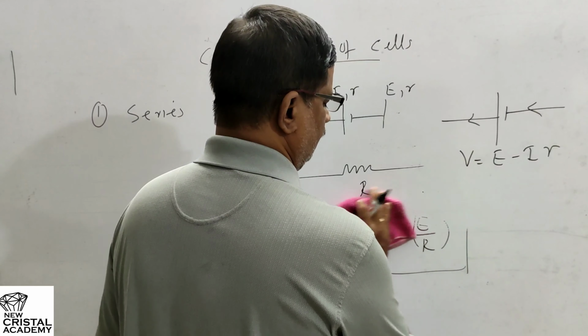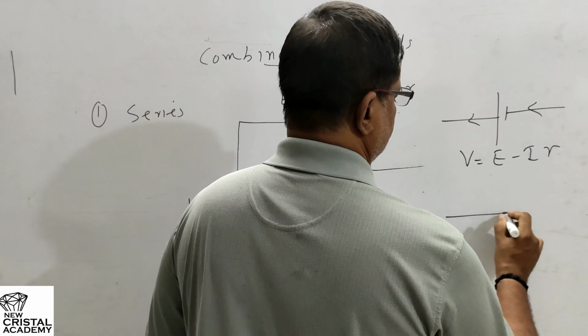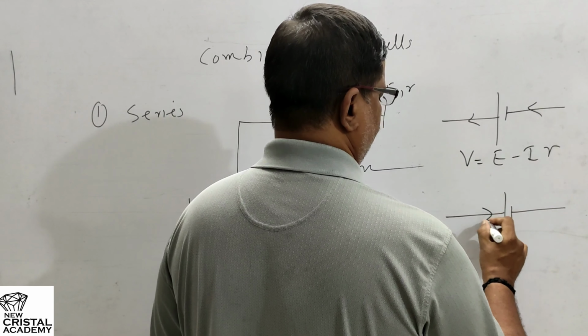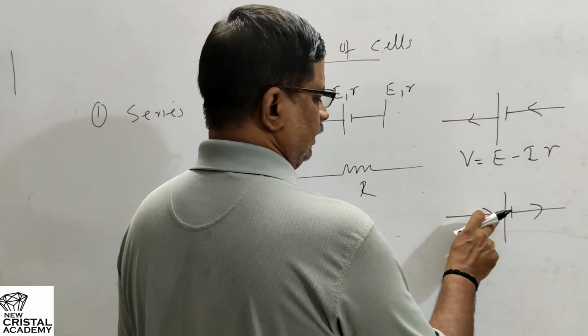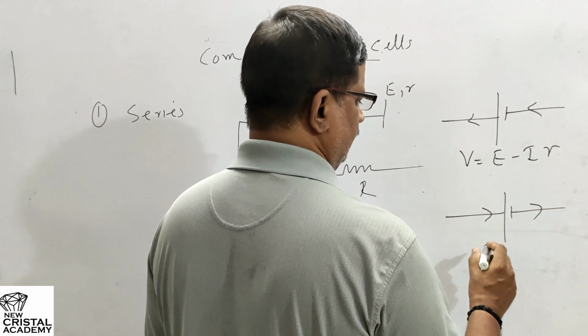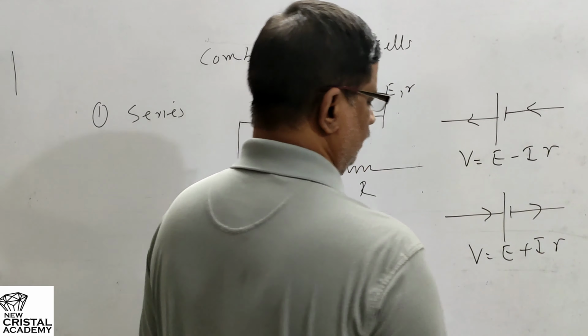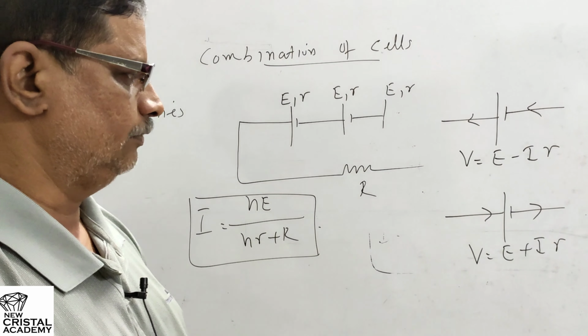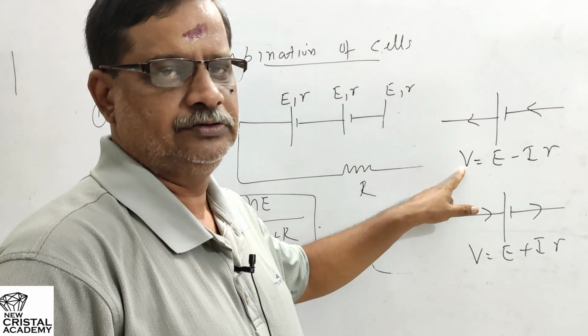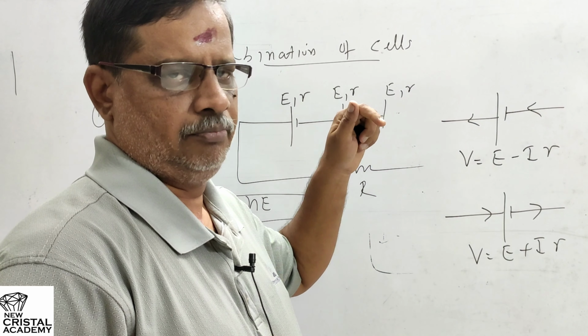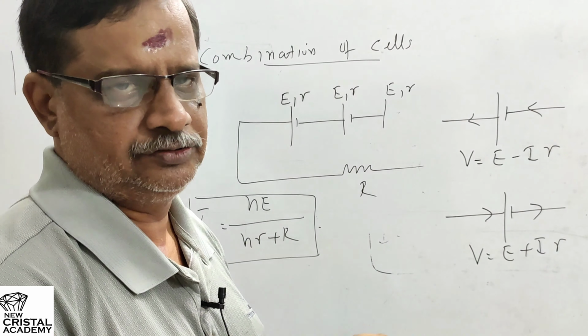Now, suppose you have another cell in which the direction of the current flow is like this. Then the current is entering through the positive and leaving from the negative. This is a charging cell and the terminal PD will be more than the EMF. Generally, the terminal PD of a cell is less than the EMF because most of the time the cells are being discharged.